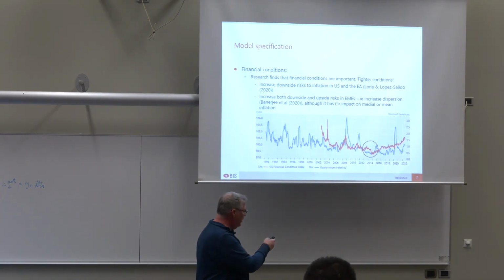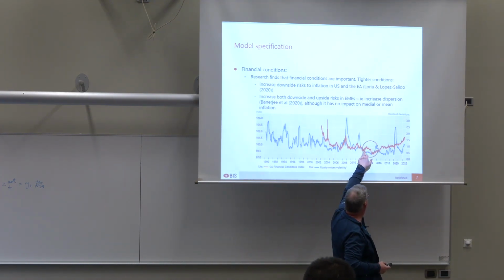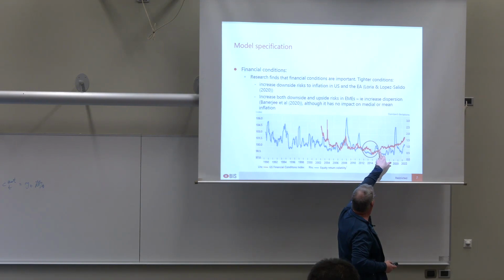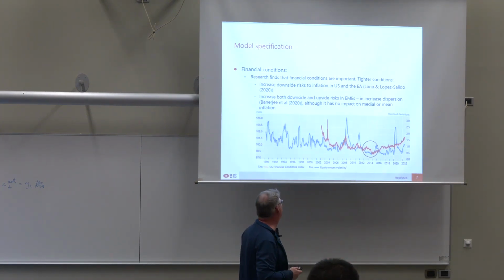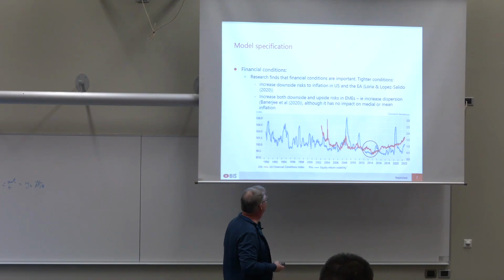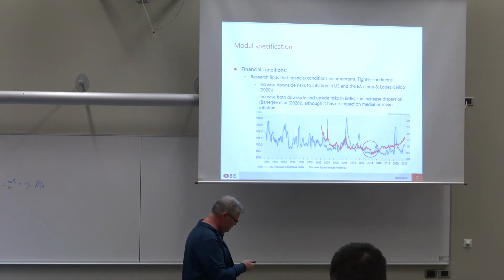So there's something going on. This is an easing of financial conditions, and this is a tightening, and it actually seems to track the dispersion measure of yours, if you use the Goldman Sachs measure. So there may be something going on there. It would be interesting to know if you try this variable.